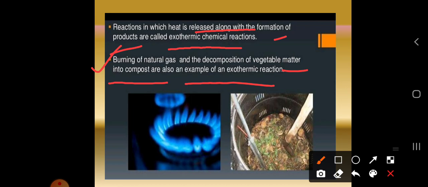So this is also an exothermic reaction. In a simple manner, an exothermic chemical reaction is one in which heat is released.